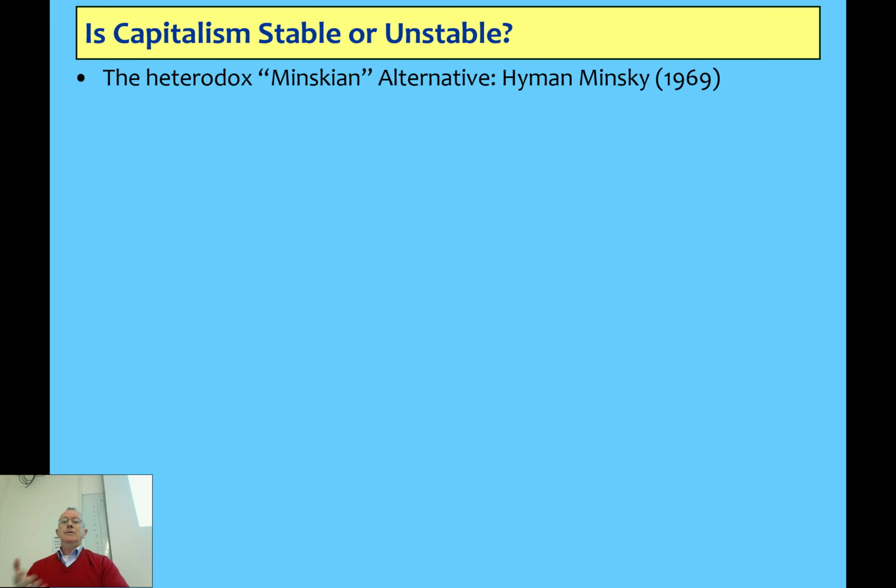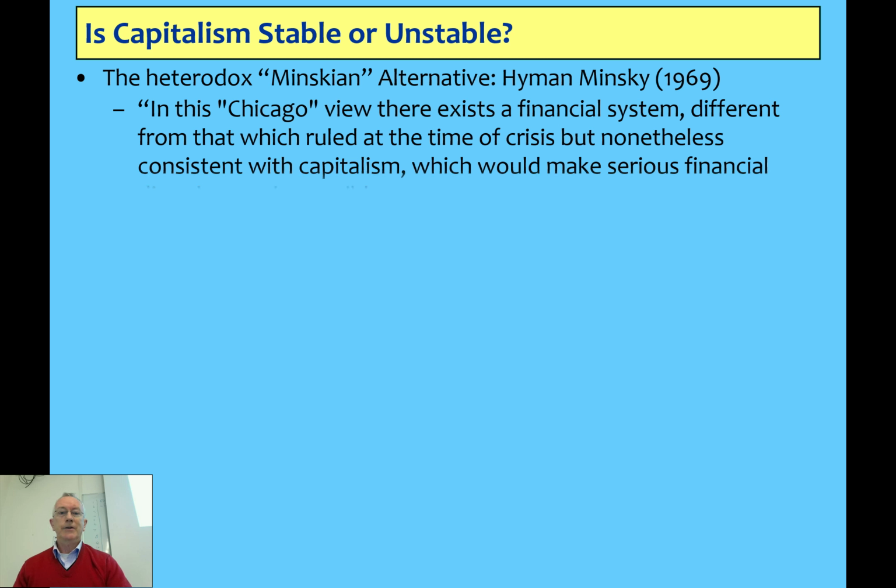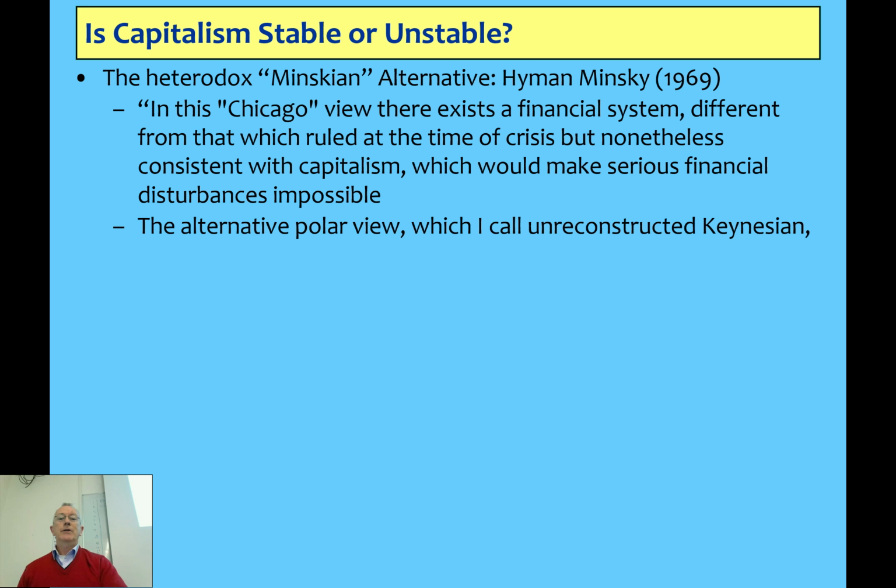Now, the Marxian, the heterodox alternative, which from Minsky derives from Marx, of course you won't find that in his writings, but of course his first major intellectual influence was Karl Marx. But then reading through Schumpeter and Fisher and ultimately Keynes, his proposition was that the neoclassicals think there's some stable financial system which would make serious financial crises impossible.